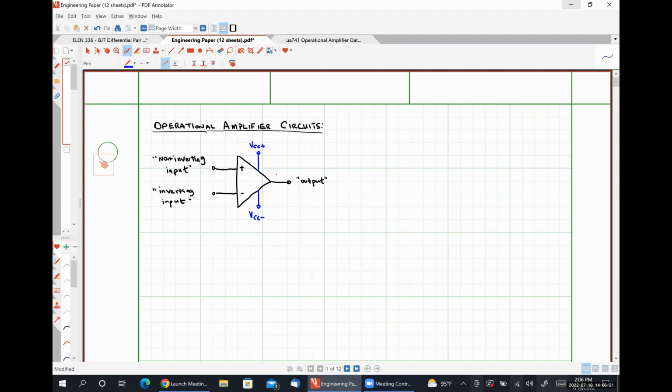All right, so now I'm going to introduce our two op-amp rules, okay? I'm going to introduce these without a lot of explanation, largely because it's beyond the scope of this class.